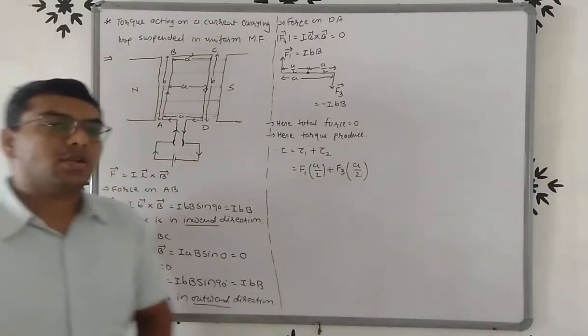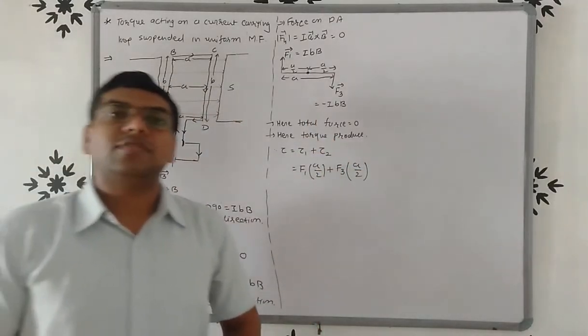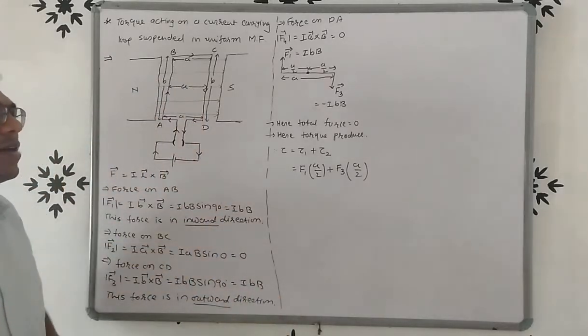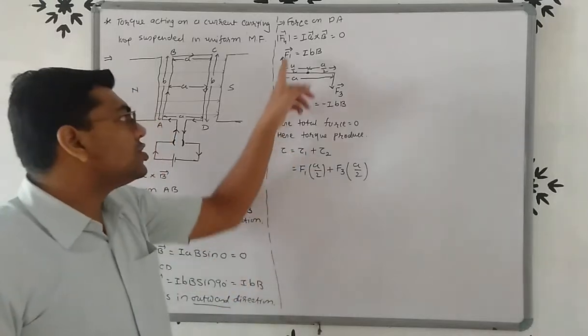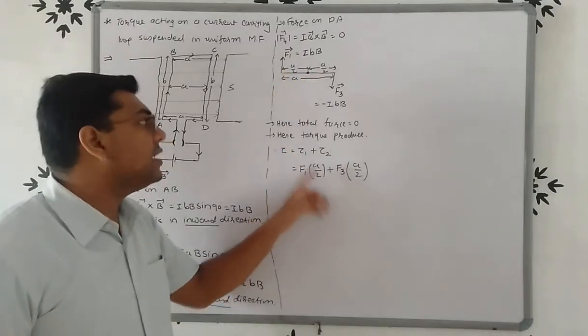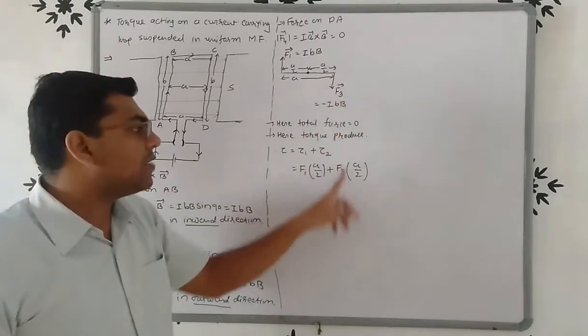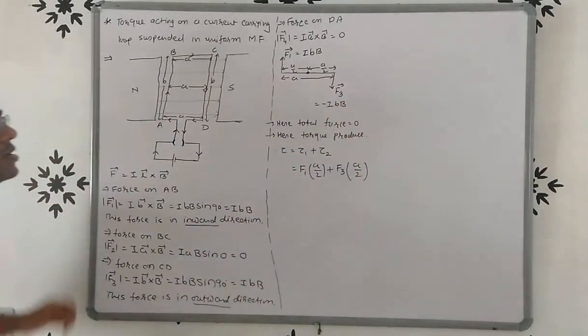So here the total force is 0, but it will produce a torque. So the total torque tau is equal to tau 1 plus tau 2: F1 into a by 2, and F3 into a by 2.